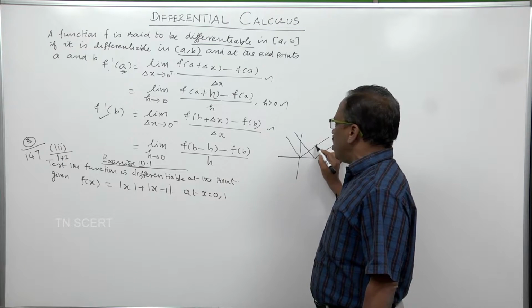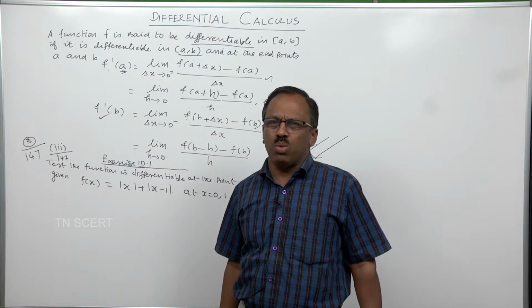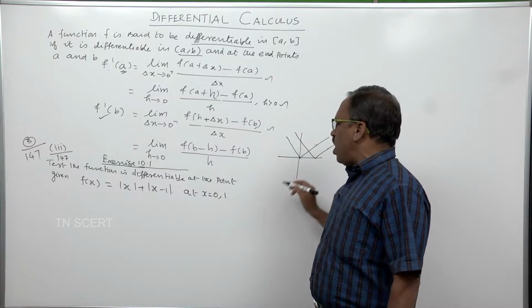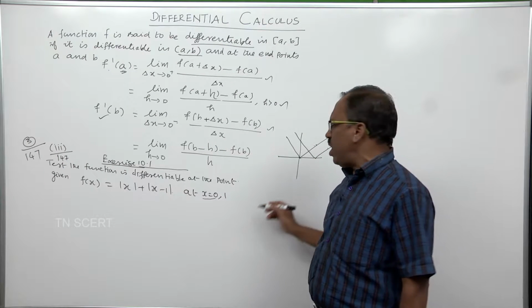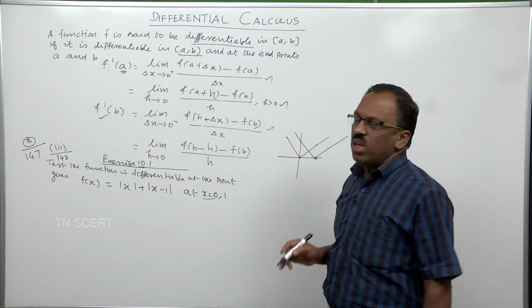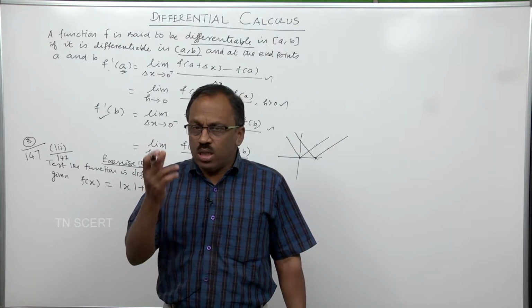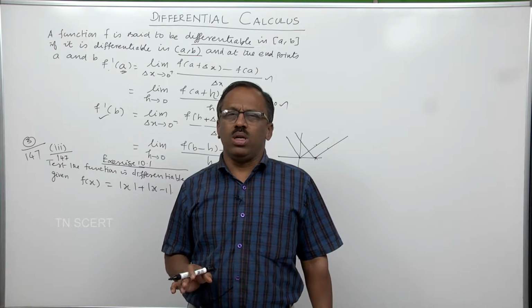So combine this function, mod x plus mod of x minus 1, and they ask you to find whether the function is continuous and differentiable at 0 and at 1. This is the question, the combined function of mod x and mod of x minus 1.